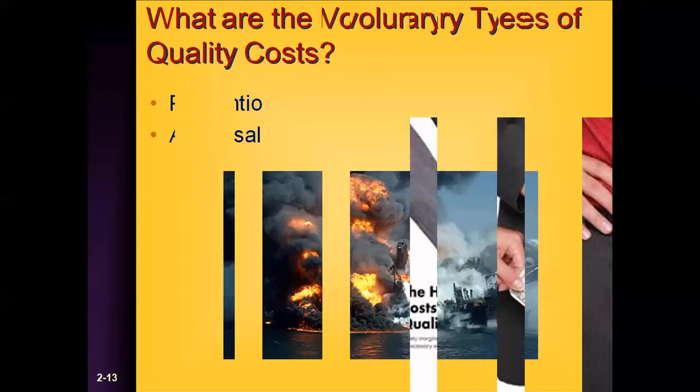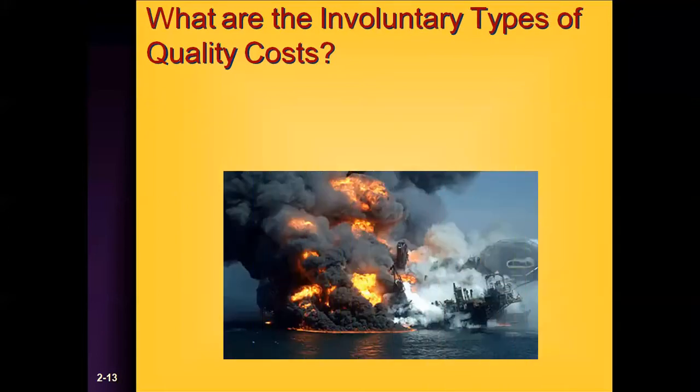Let's talk about involuntary quality costs. There are really two flavors of this that a company will measure. The first is internal failure, and this involves correcting errors before the customer knows an error has occurred. This happens quite a bit in the software product area.